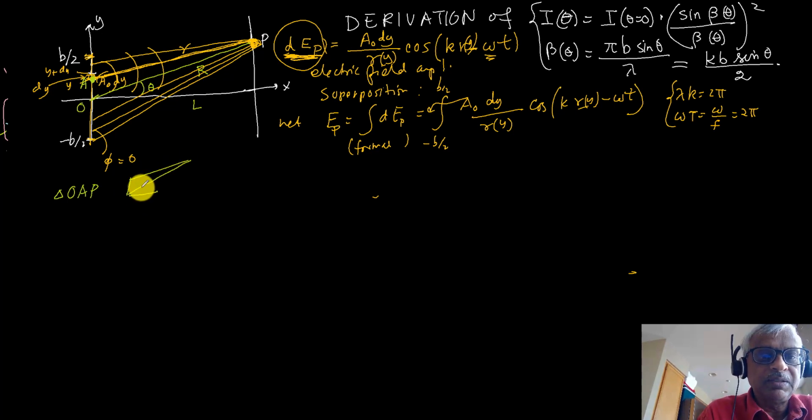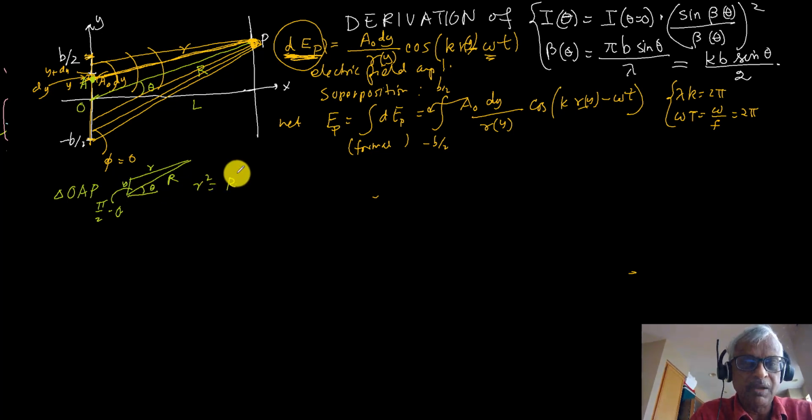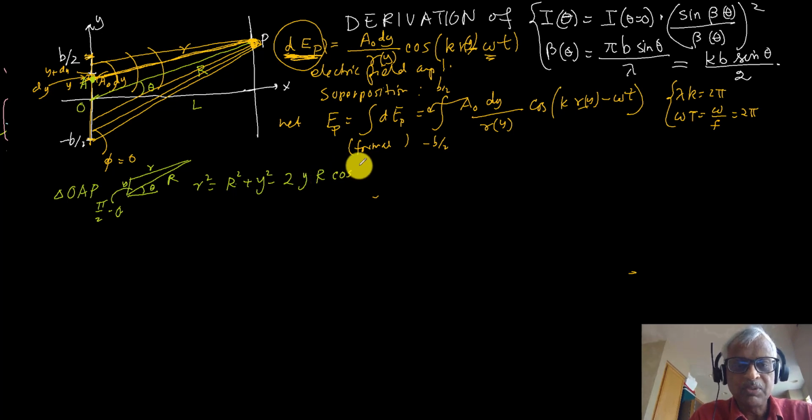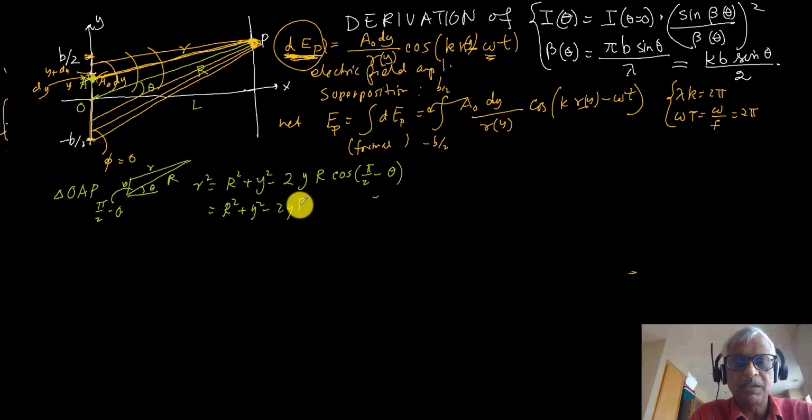So this outside is theta, so this angle is pi over 2 minus theta, and this side is y, and this is r, and this is capital R, right? Okay, so law of cosine says r squared is R squared plus y squared minus 2yR cosine of pi over 2 minus theta. So that's just sine theta. So this is R squared plus y squared minus 2yR sine theta.